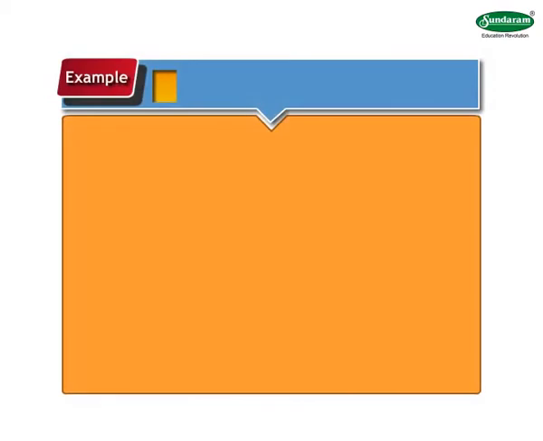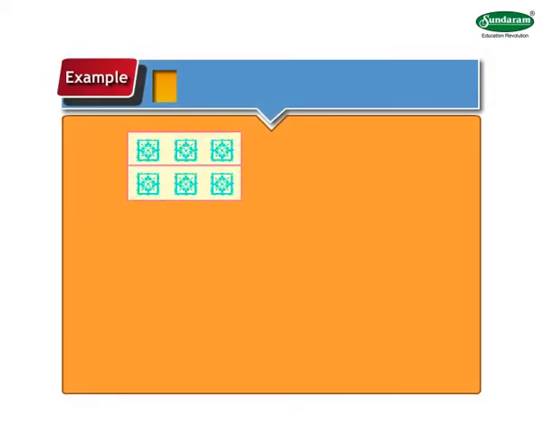Look at this example. Here, we can see that there are 2 rows with 3 objects each. This means 2 times 3 objects are given. Hence, the total number of objects is 6. That is, 2 multiplied by 3 is equal to 6.